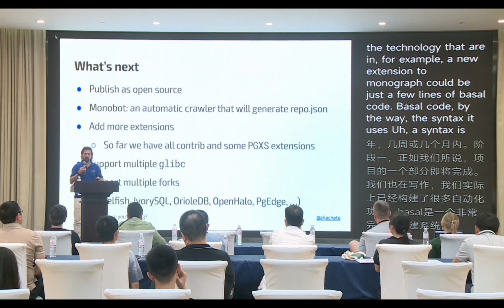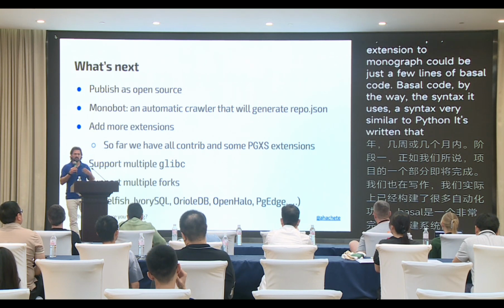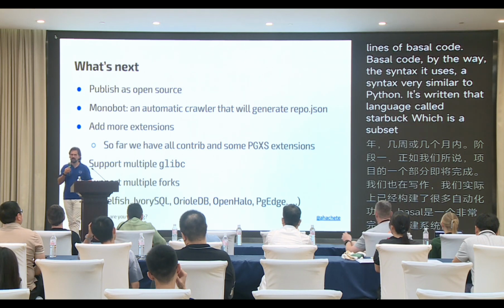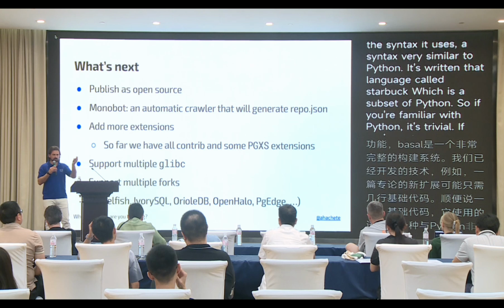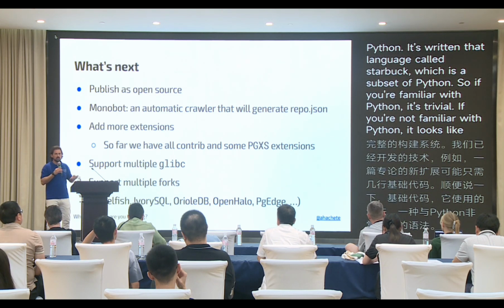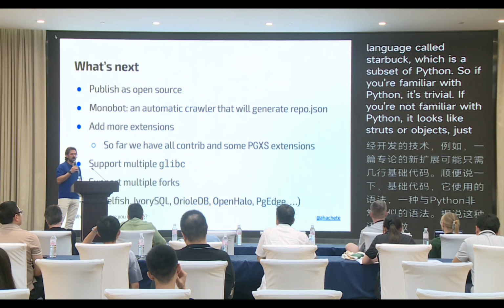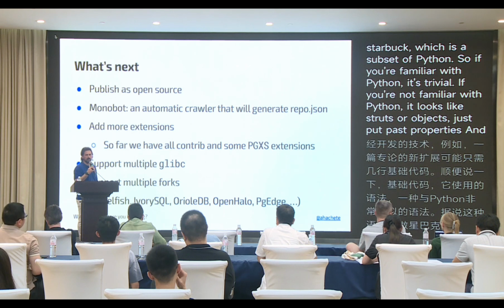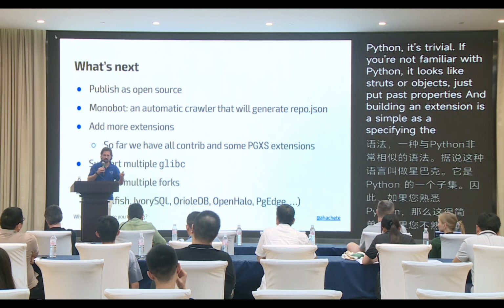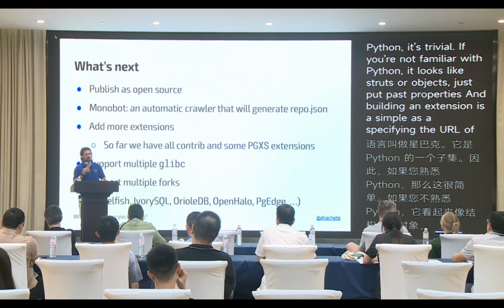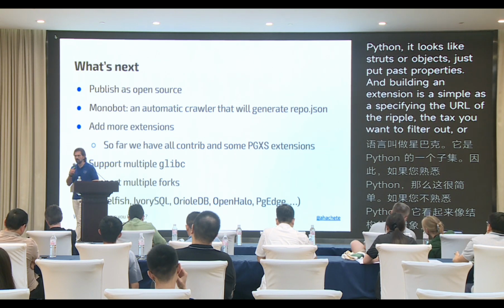It's written in a language called Starlark, which is a subset of Python. So if you're familiar with Python, it's trivial. If you're not familiar with Python, it looks like structs or objects, just passing properties. And building an extension is as simple as specifying the URL of the repo, the tags you want to filter out or select, and a few others.